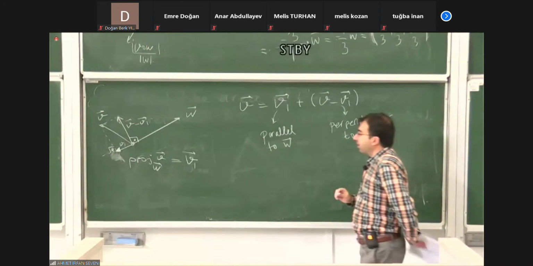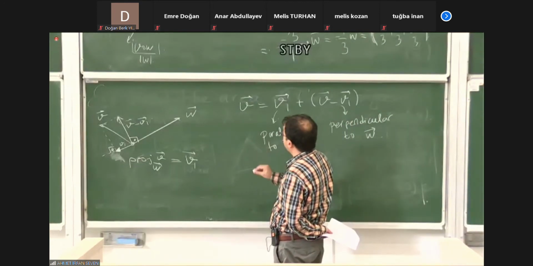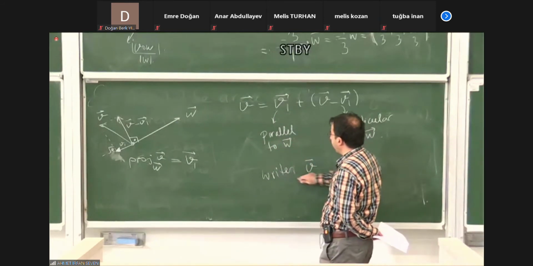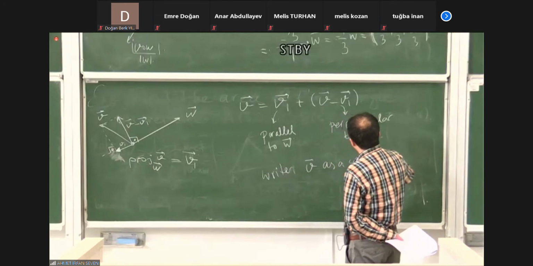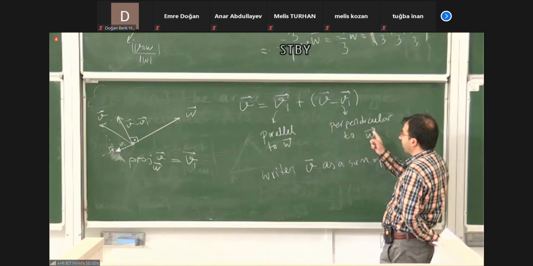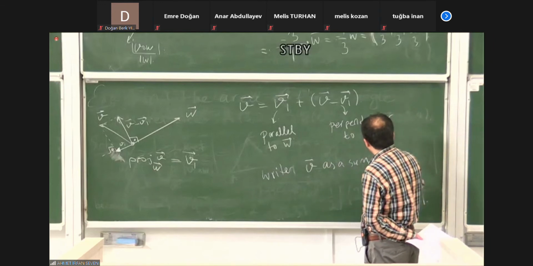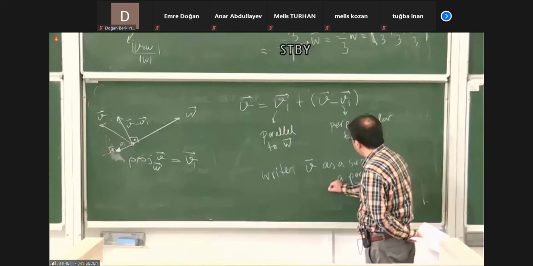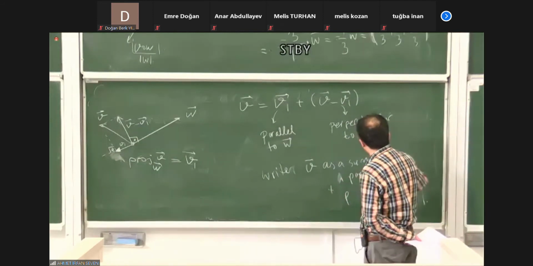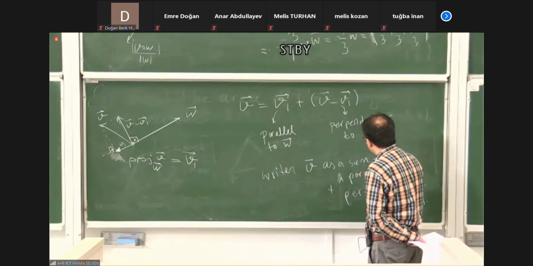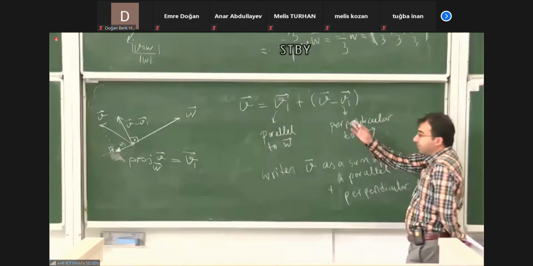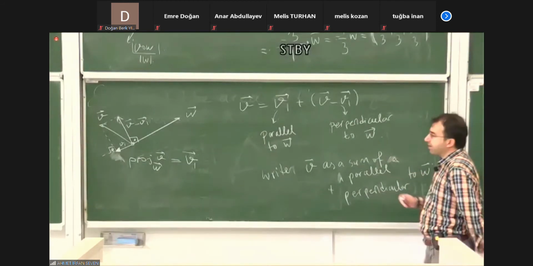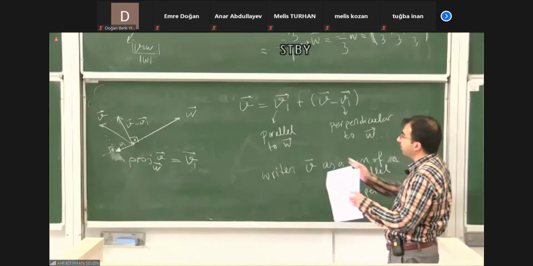So one may ask you to write V as a sum of a vector parallel to W and a vector perpendicular to W. Parallel plus perpendicular to some vector we like, to W. If one asks you such a question, then all you need is to find this projection.